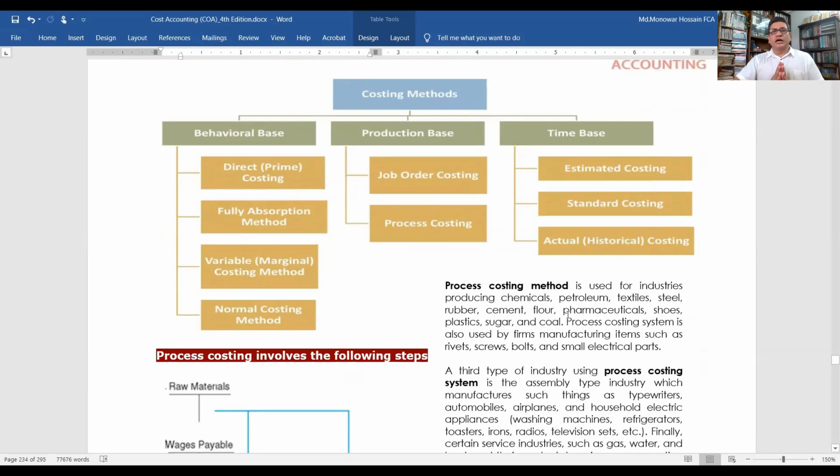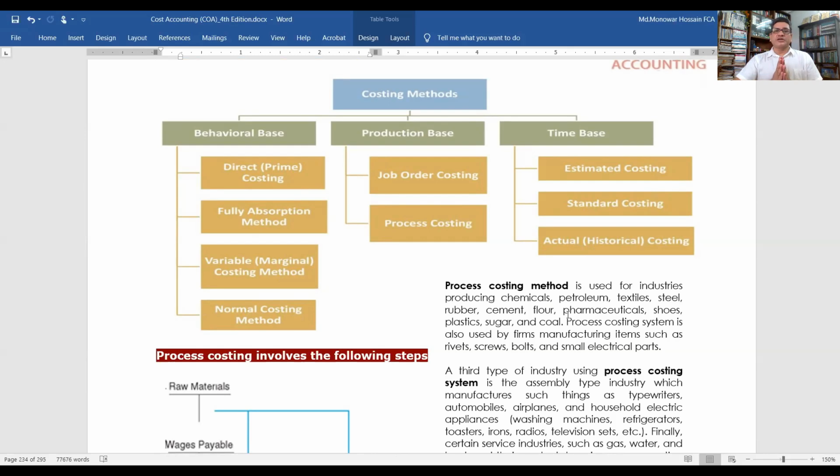We know that there are different types of methods in costing. One is production basis: job costing and process costing. My previous module was job costing. Here, if you see, the behavioral based costing methods are direct, that means prime costing, absorption costing, variable or marginal costing, and normal costing.